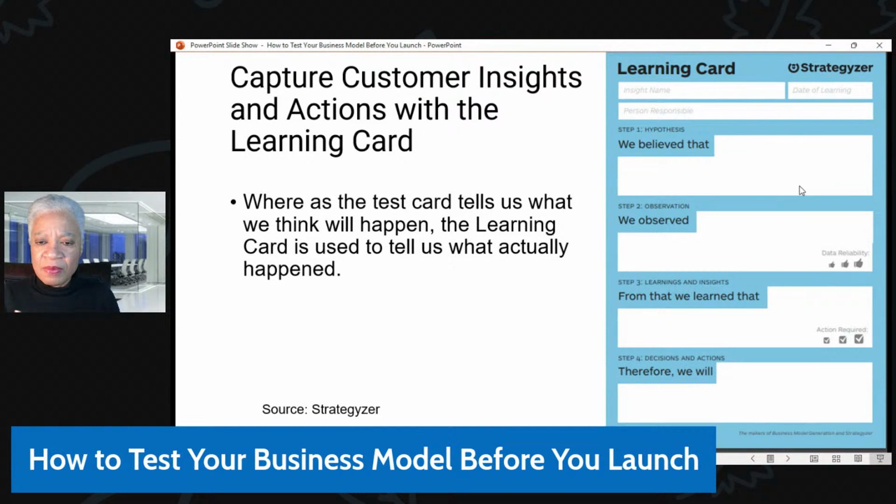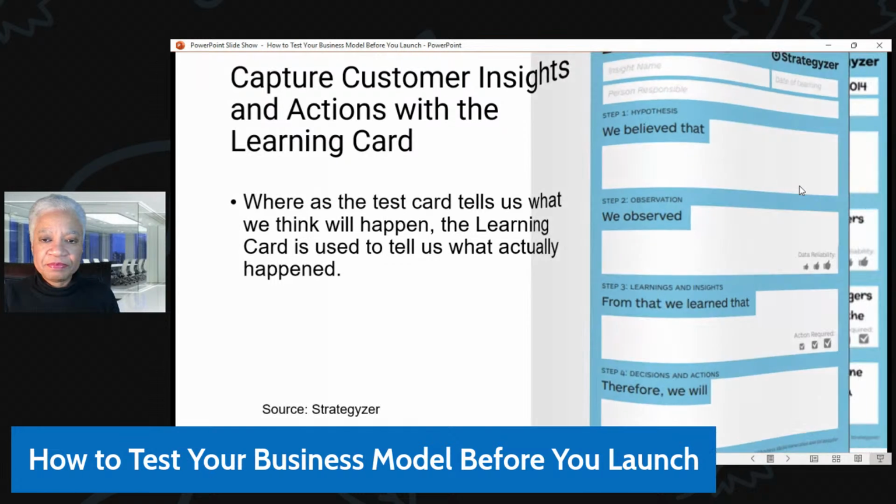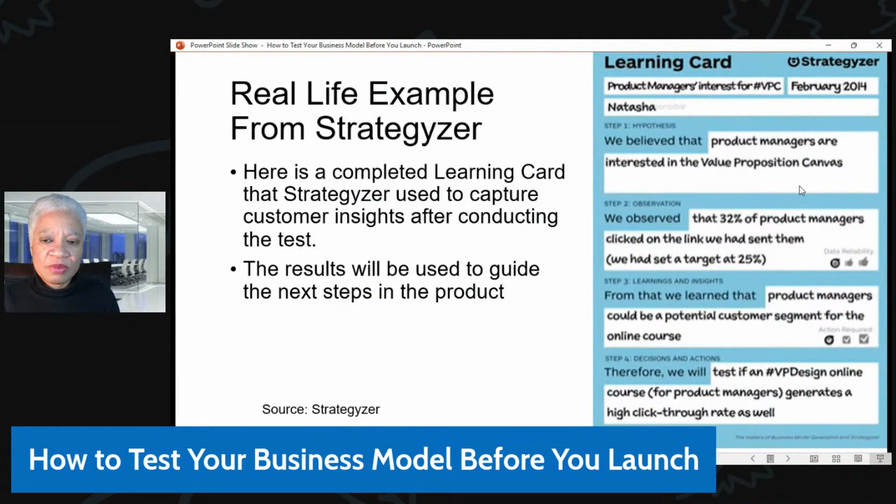And then from step 3, the learning and insights, you indicate whether or not some action is required, and you rank that from low to high, and you'll just circle one of those. So here is a real life example from Strategizer.